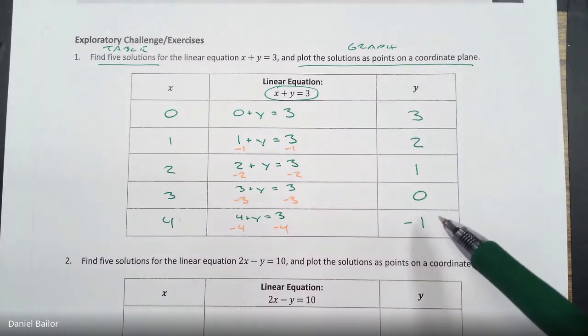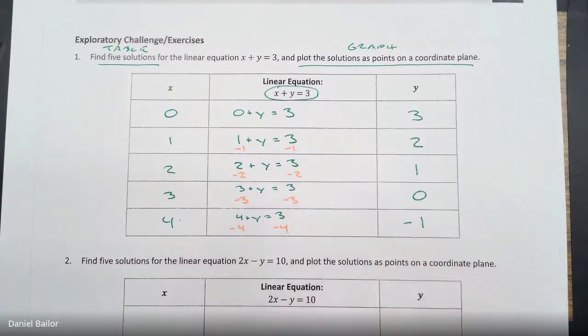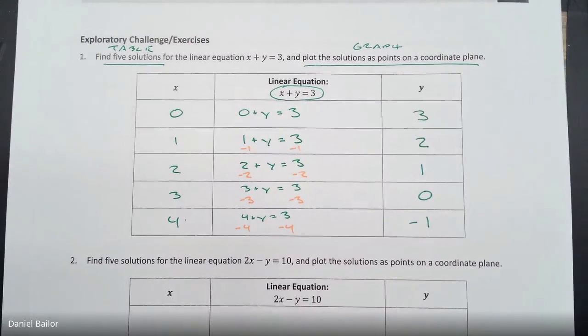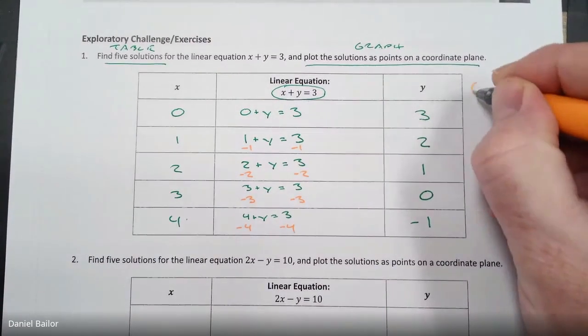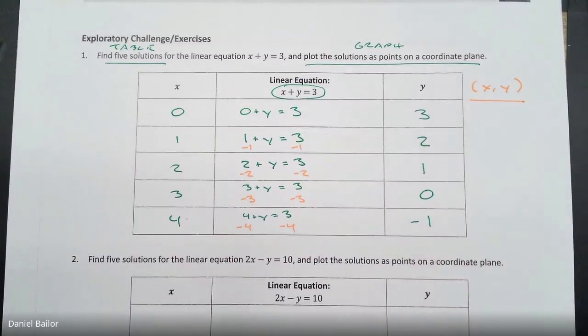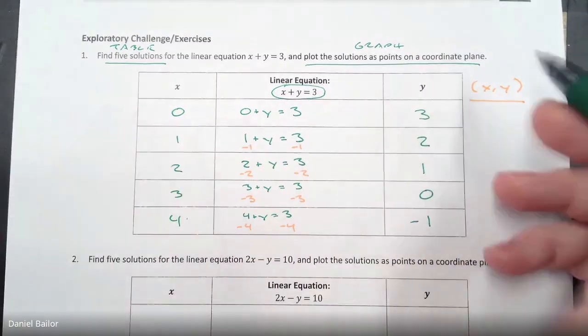Our next step is to change this chart into ordered pairs so that we can plot them, so that we can graph them. Well, remember, in our vocabulary, we know ordered pairs go x comma y, just like that. So let's change this table into ordered pairs.